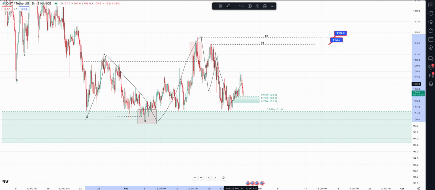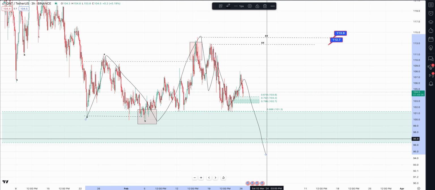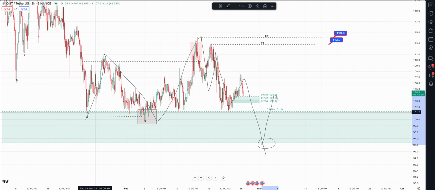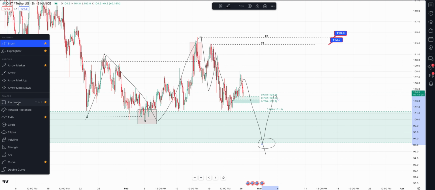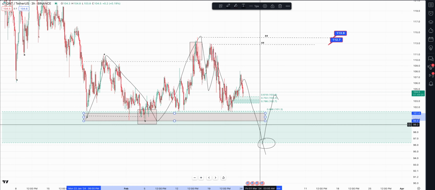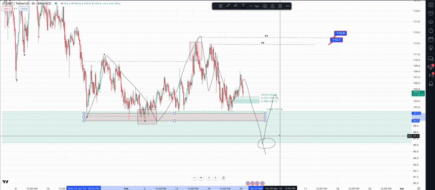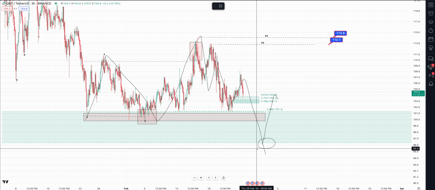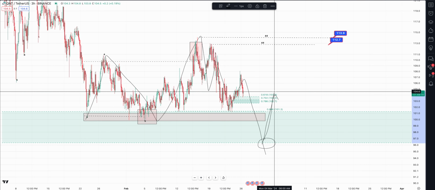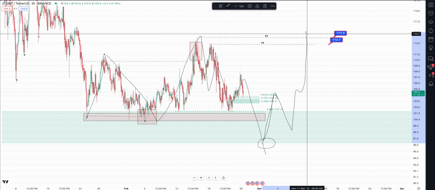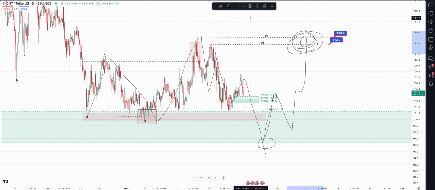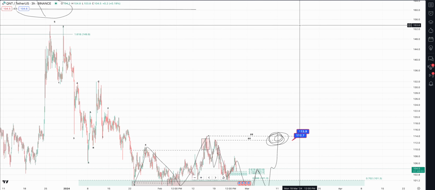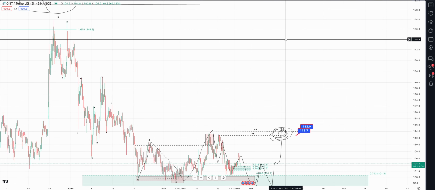Now we're having a 5-wave move down for your 5th wave of your C wave. And then going below this psychological support over here would be your spring. Then we're going to have a move up for your initial advance, a throwback, and then a move up to take out these two levels over here, and eventually start our massive wave 3 of 3 to the upside.